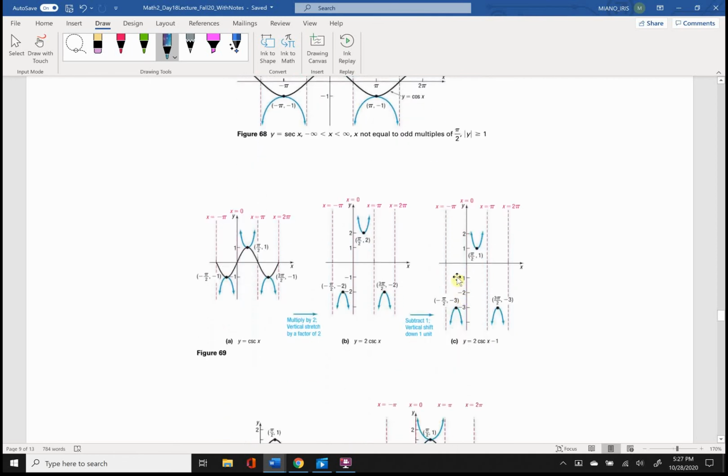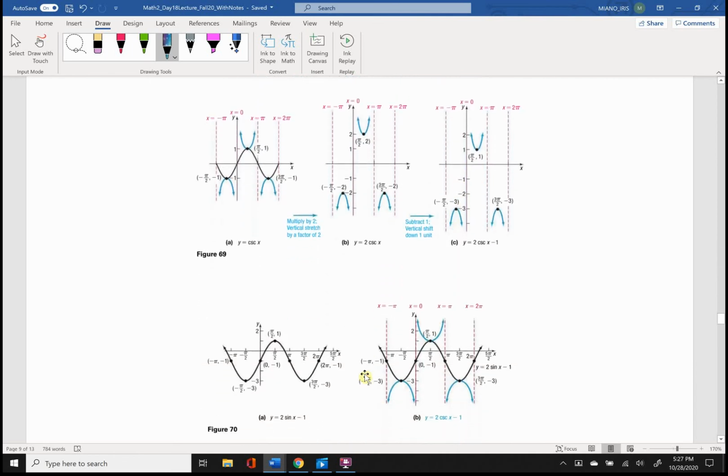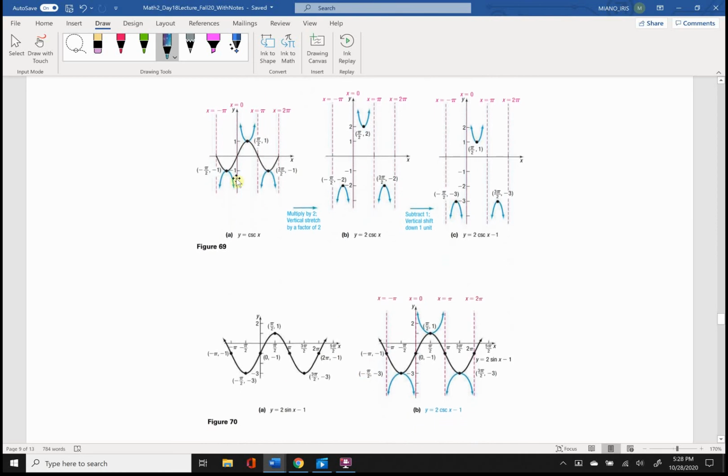Now there are two different ways to think about plotting them, particularly when we're talking about instituting transformations. One school of thought is to plot the parent function with its corresponding parent sine function, and then transform just the blue stuff, which is the cosecant, for instance, here.